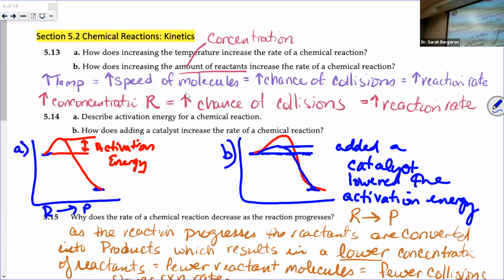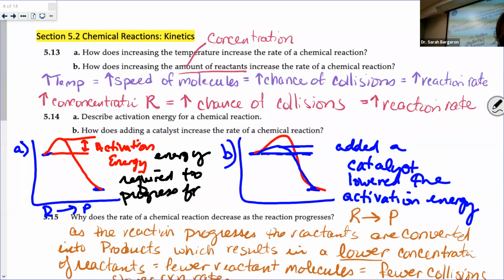In our example right here, it's only a little. So the activation energy is the energy required to progress from reactants to products. Right, you've got to overcome that little bit of an energy barrier. And now your reaction can go. You can coast down the hill.